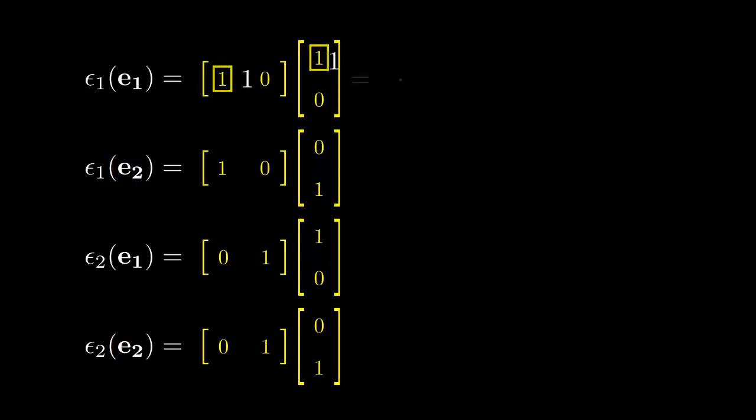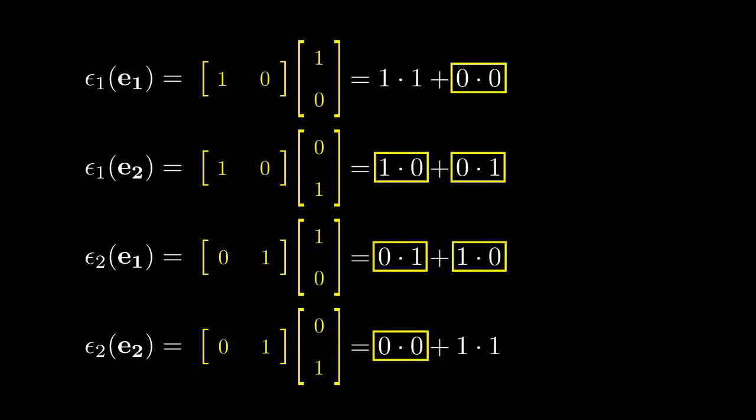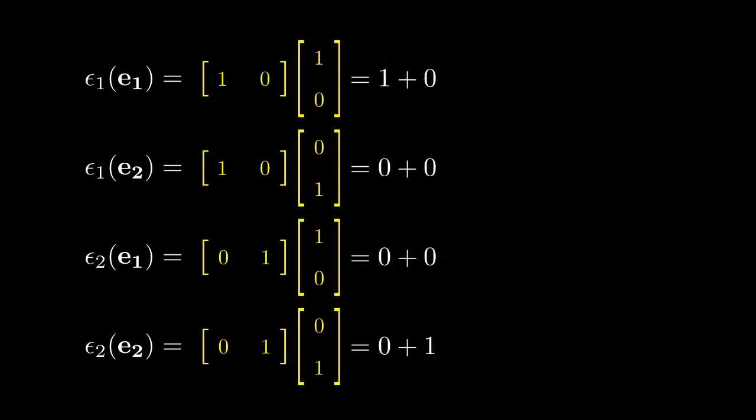This one is 1 times 1 plus 0 times 0. Others are similar. All of those have a 0. These two terms are 1 times 1. If you calculate them, they are 1, 0, 0, 1.